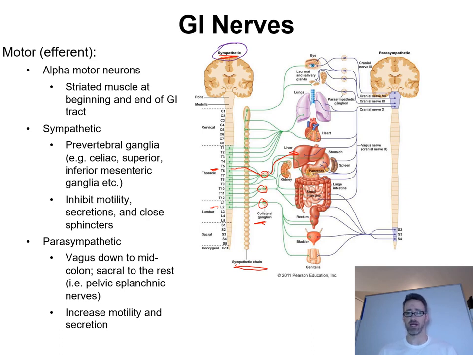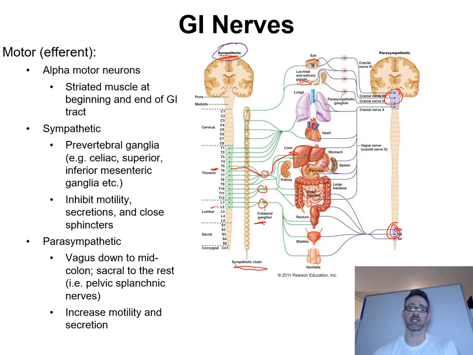The parasympathetics over here, remember that's craniosacral, so we're originating from the brainstem, cranial region, and then also from the spinal cord down here in the sacral region. And the vagus nerve, all right, so up here, part of the digestive tract, we're talking about salivary glands and so on. That's going to be innervated by cranial nerves like 7, 9, and 10.